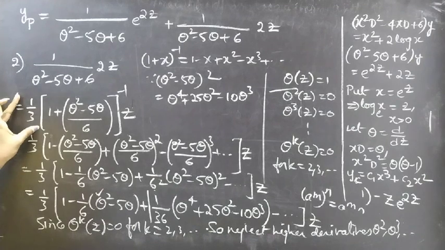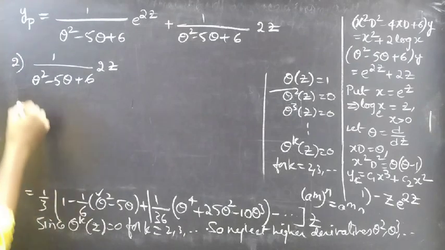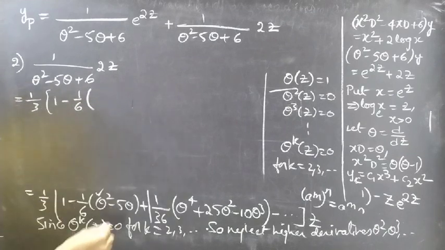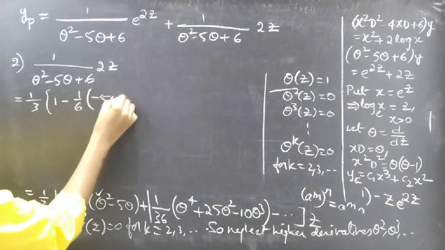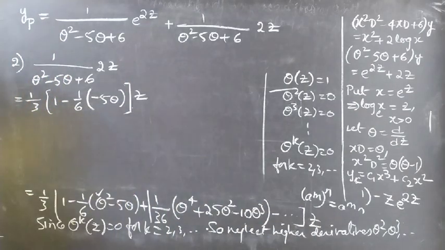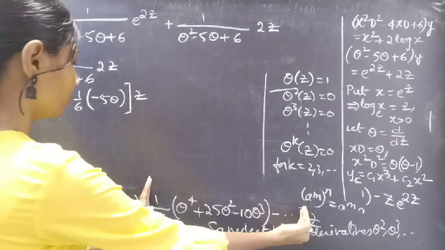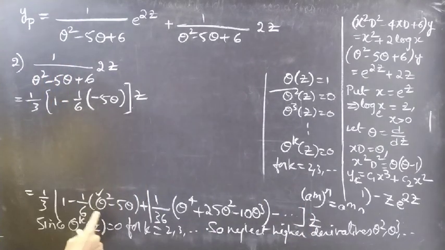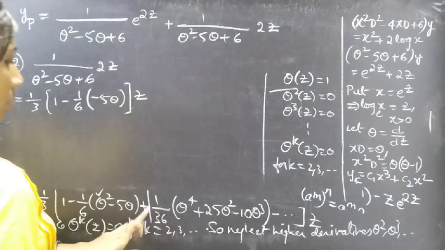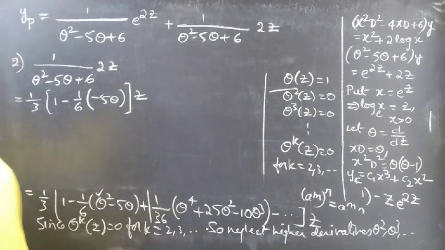Then this step becomes 1 by 3 into 1 minus 1 by 6 into minus 5 theta into z. We have omitted all the terms from here and the theta square term from the second term. So we'll get 1 minus 1 by 6 into minus of 5 theta into z.